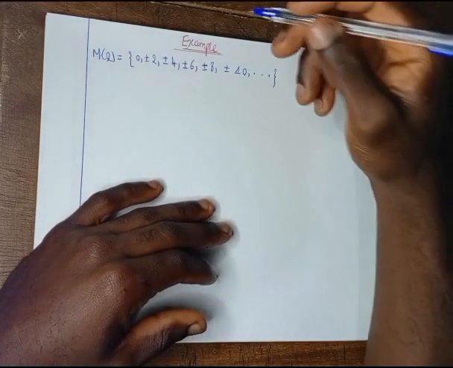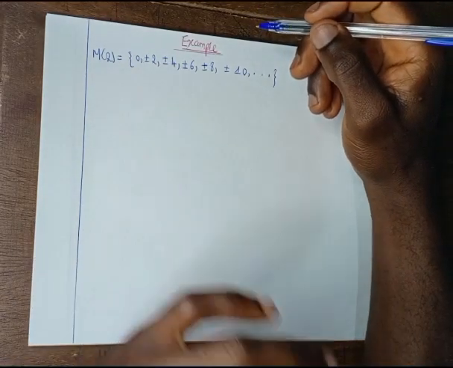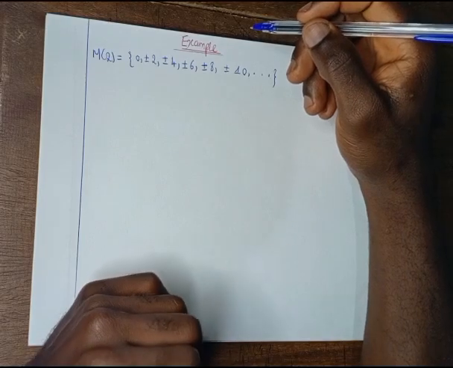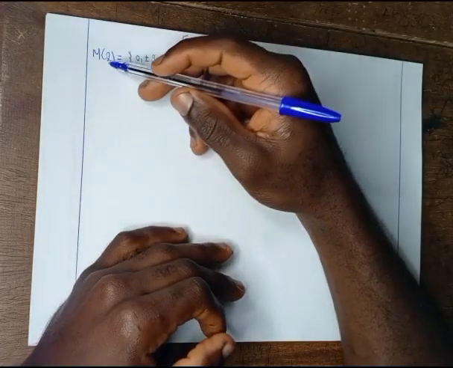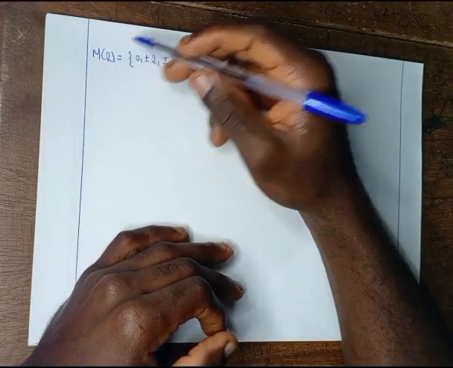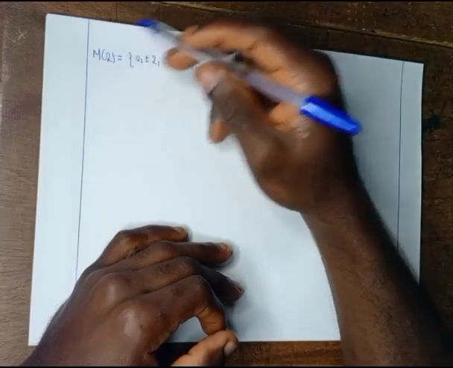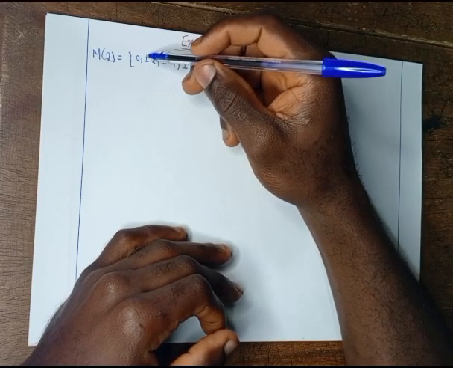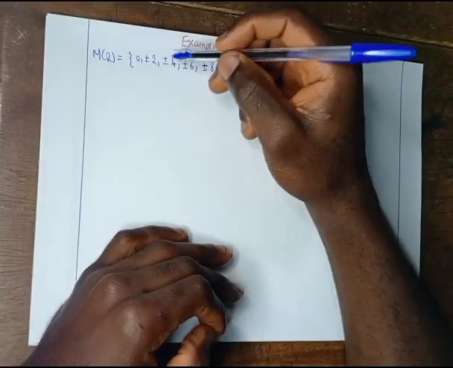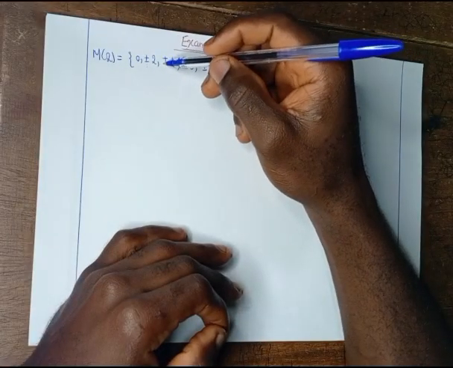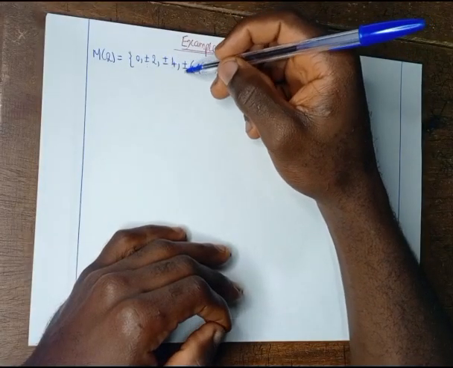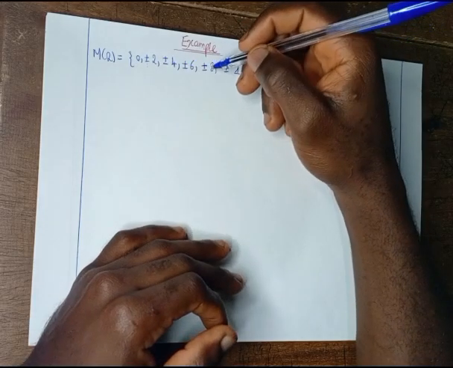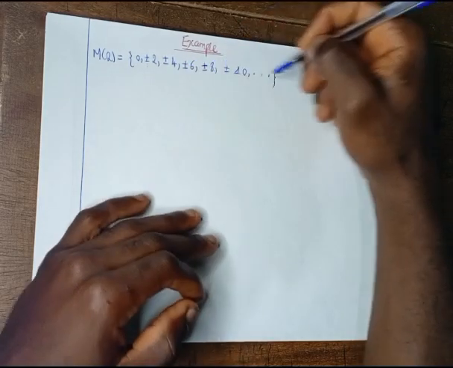And for us to get the multiples, we simply multiply the elements of the set of natural numbers by the given number. Take 2 times 0 is 0, 2 times 1 is 2. We attach the plus or minus sign. 2 times 2 is 4. 2 times 3 is 6. 2 times 4, 8, and so on.